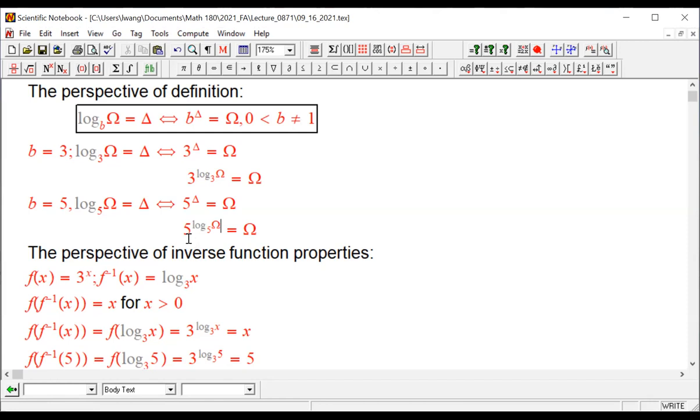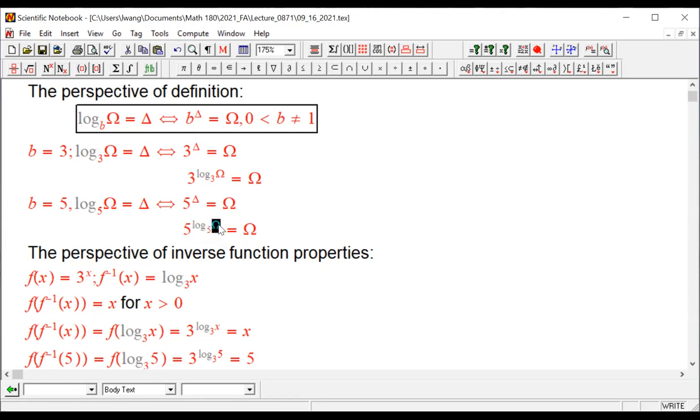So when the exponential base and the logarithm base are the same, these two are both the same. And before the logarithm, there's nothing there. It's just 1 times that, so you can omit it.